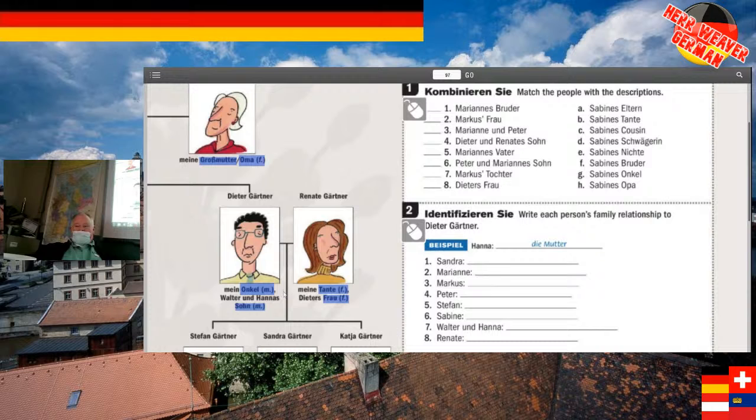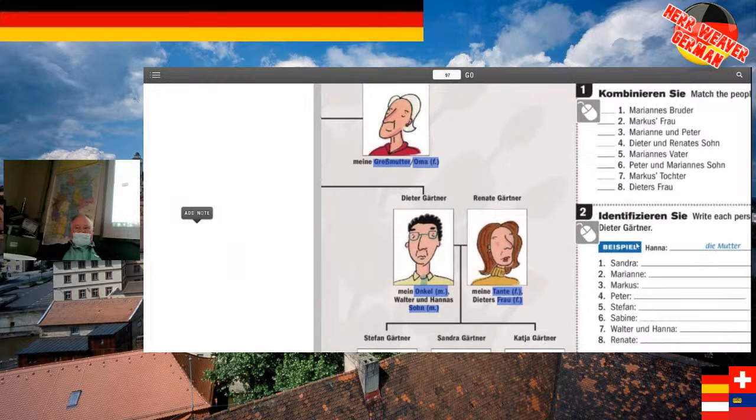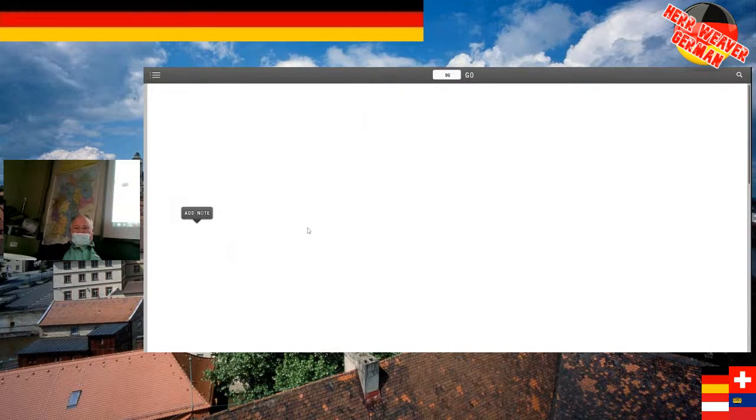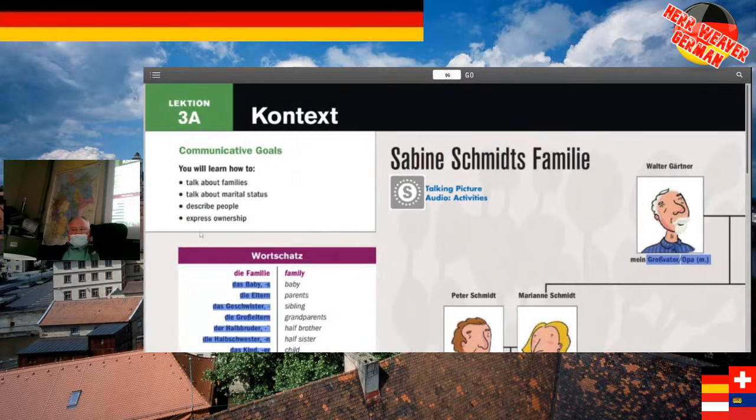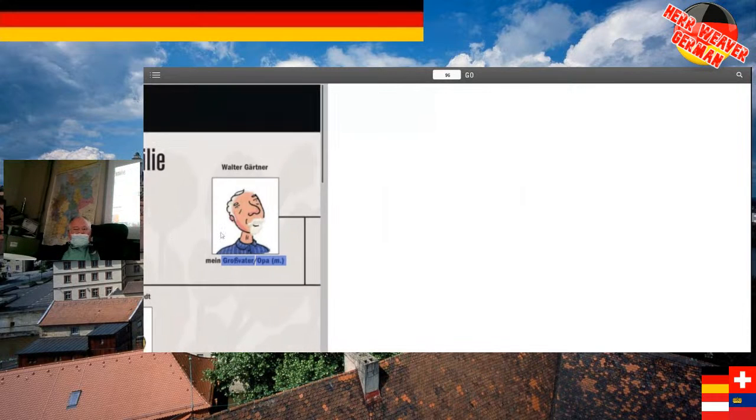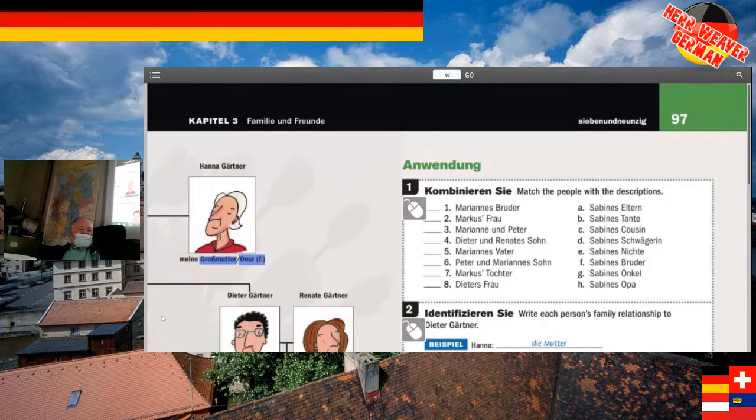Okay. So here we have Dieter Gärtner. If we look back over here, go back to this page before, we'll see that the grandparents on the top of the family tree are Walter and Hannah Gärtner, and that must have been Marianne Schmidt's maiden name.